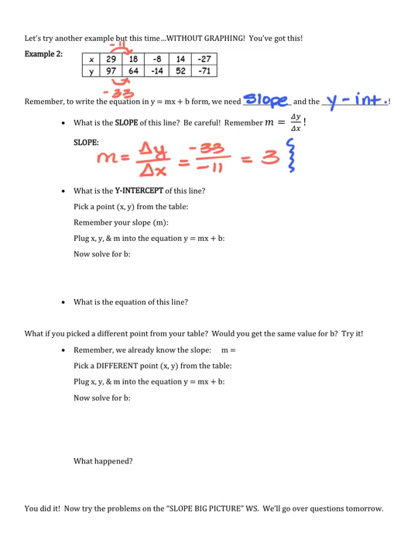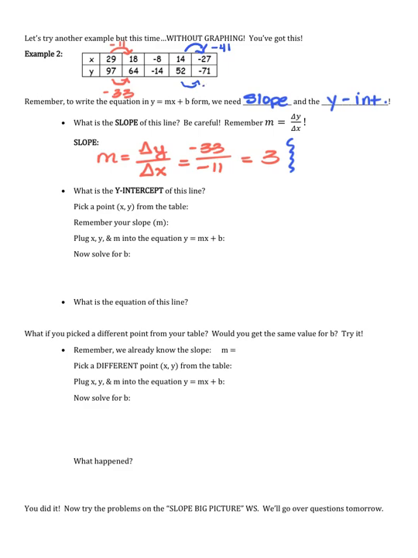If I take a look at the jump from +14 to a -27, that's a difference of 41, and I'm going down. So it's a change of -41. And if I take a look at the jump from +52 to a -71, that's a difference of 123. And again, I'm going down.